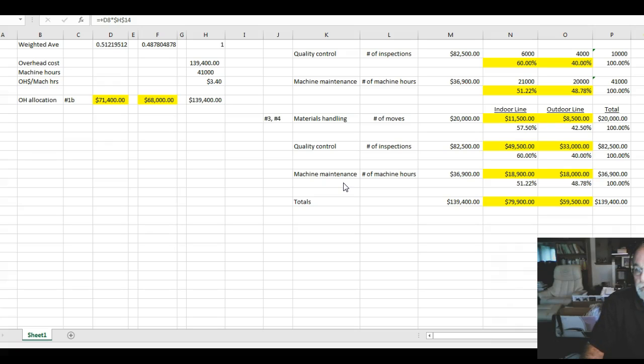And actually I think I just kind of explained it, why ABC is generally considered a better method to use.